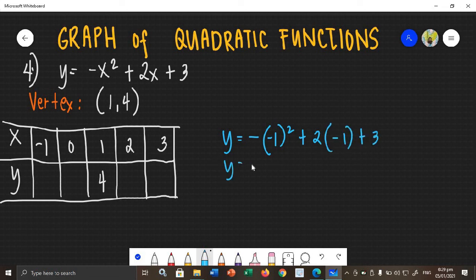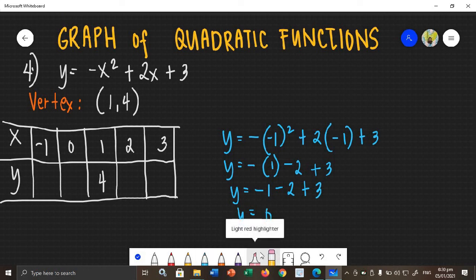And then y is equal to negative 1 squared is 1. Positive 2 times negative 1 is equal to negative 2, plus 3. So, negative times 1, negative 1 minus 2 plus 3. And then, let's solve. Negative 1 minus 2 is equal to negative 3, plus 3, that is equal to 0. So, the first y-coordinate is equal to 0.